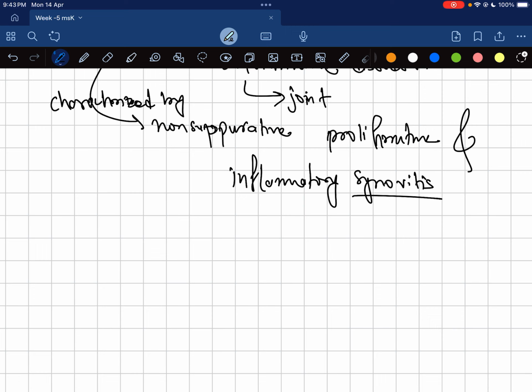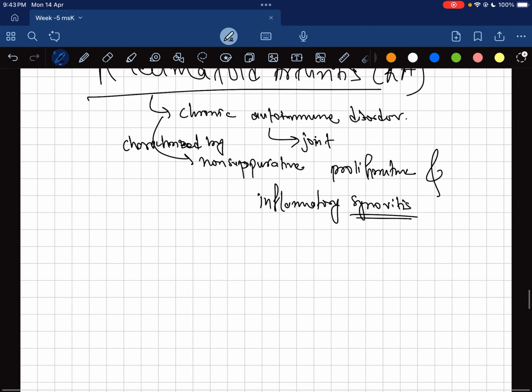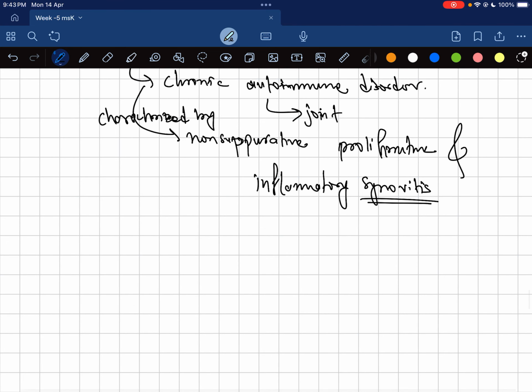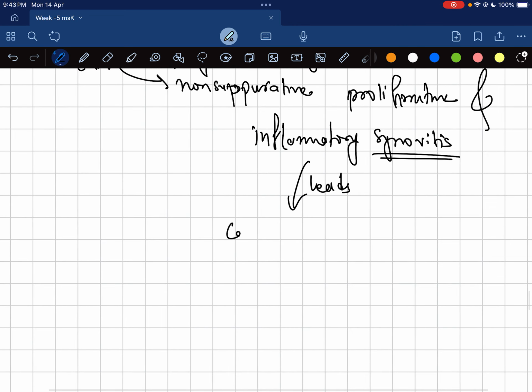Inflammation of the synovium leads to cartilage destruction and joint fusion.